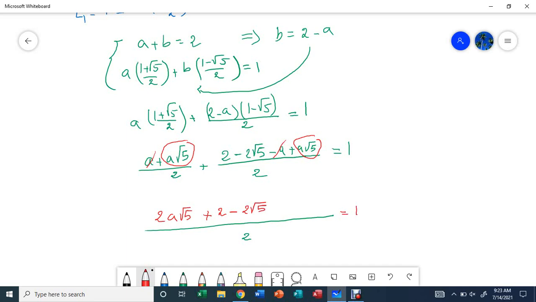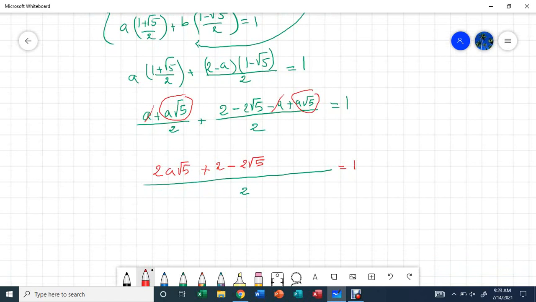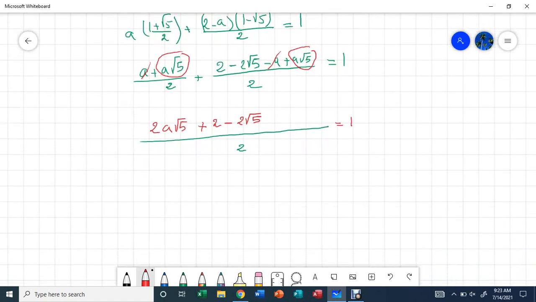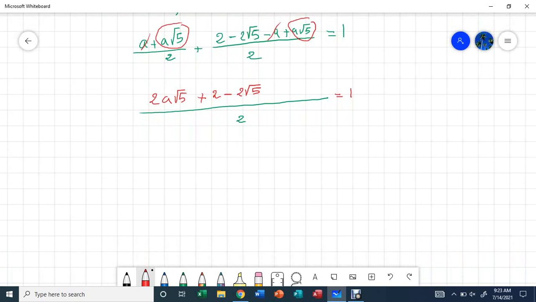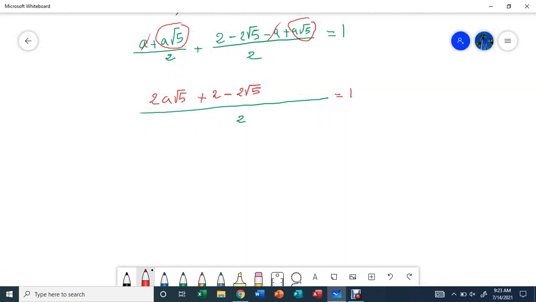Now I can factor 2 on the numerator and cancel the 2's, or you can multiply both sides by 2 to get rid of the denominator, which is what I'm going to do. Multiplying both sides by 2, I get 2A square root of 5 plus 2 minus 2 square root of 5 equals 2.